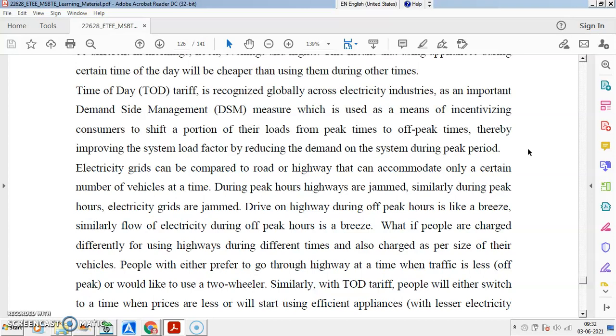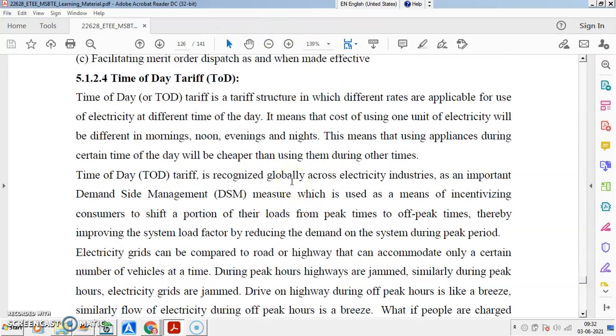Night is called 10 to morning 6. So like this, the distribution of the time of the day is done for the particular design structure of the time of day tariff. The concept is that we may have different rates of electricity for different spans of the day.